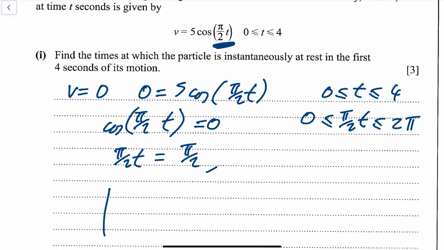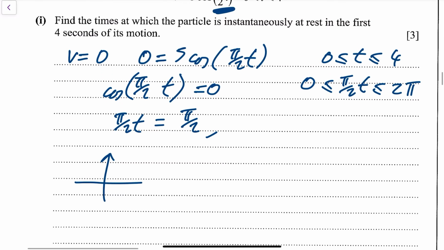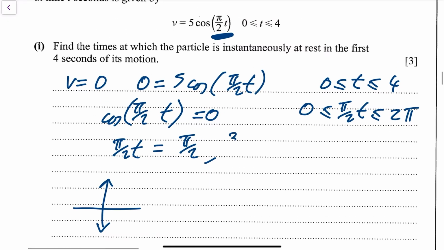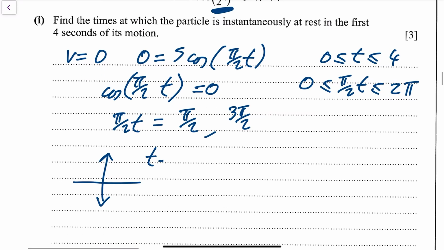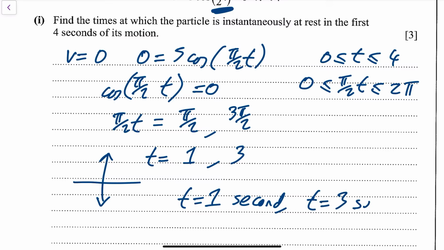If you think on a CAST diagram where that is, it's also going to be equal to 0 in the opposite place, and that would be 3 pi over 2 radians. So dividing across by pi over 2, you're going to get 1, and you're going to get 3. So your answer: t is equal to 1 second, and t is equal to 3 seconds.